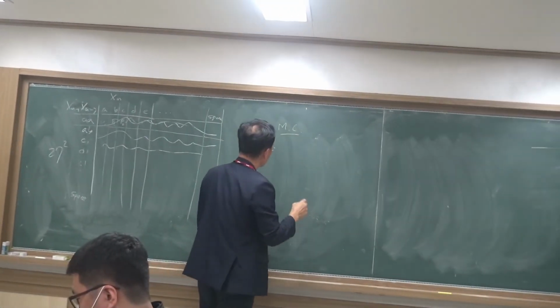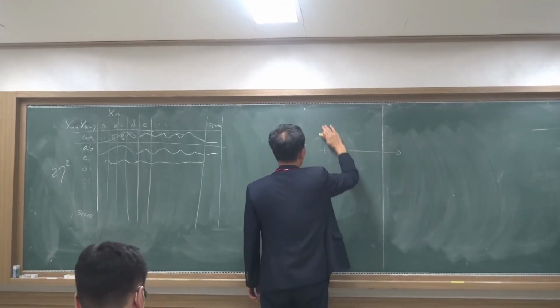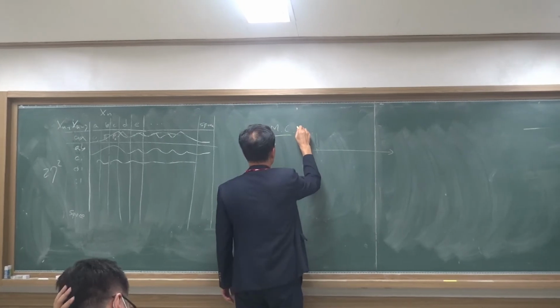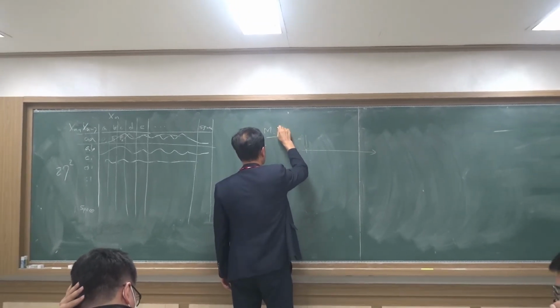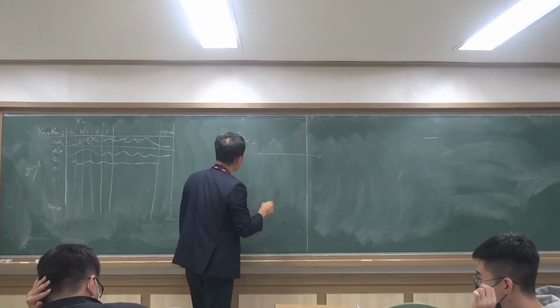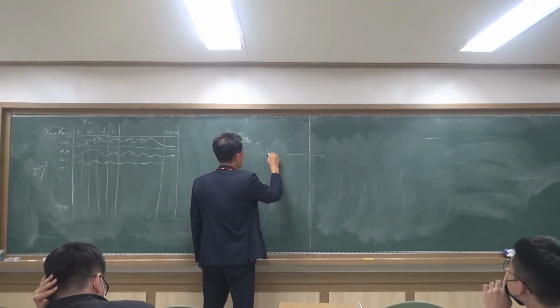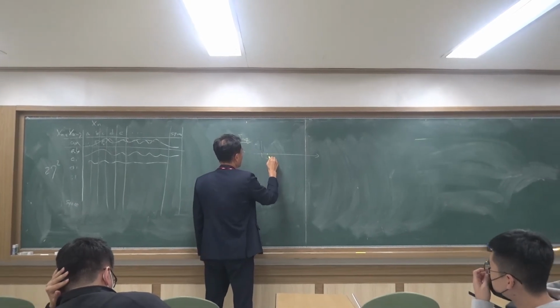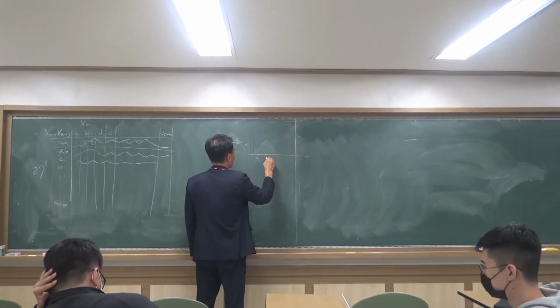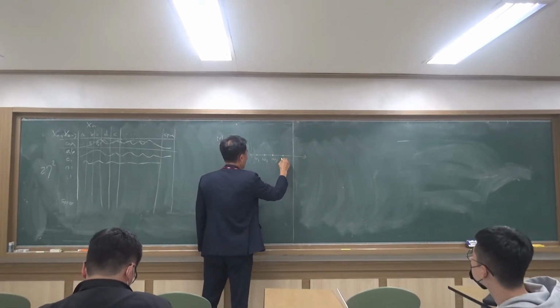It's an intuitive one I would like to do here. Markov inequality. Here I have a random variable, right? And then here omega 1, omega 2, omega 3, omega 4, for example.